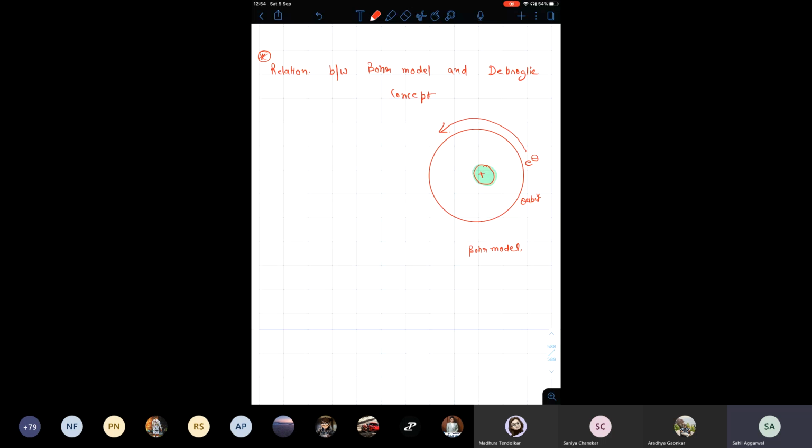De Broglie just said that everything is correct, but the electron is moving in a wave manner on this circular path only. How? Like this.